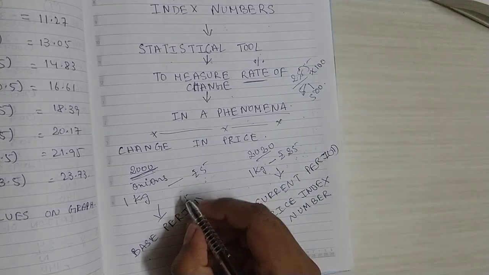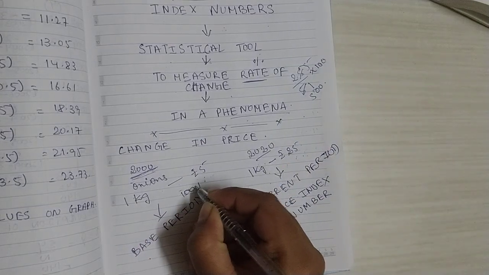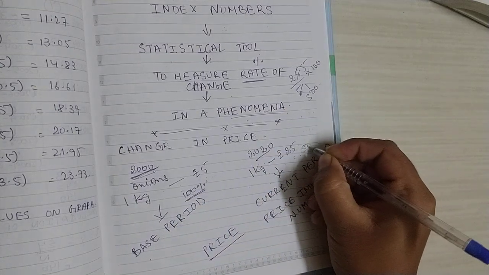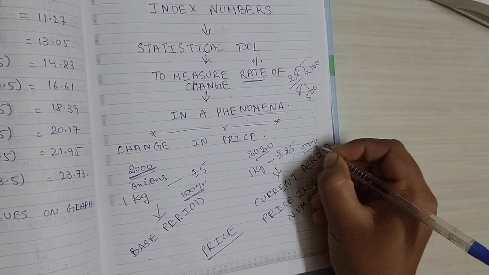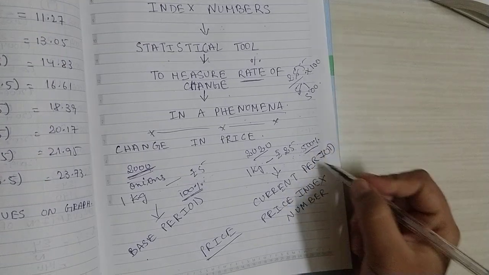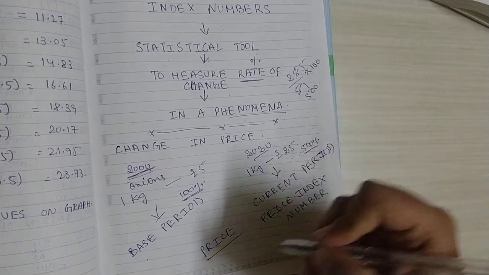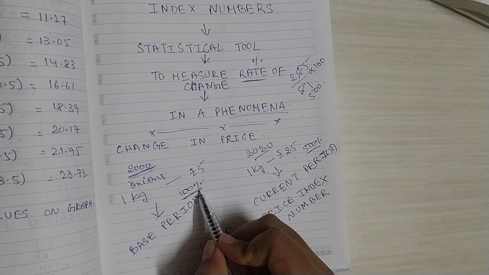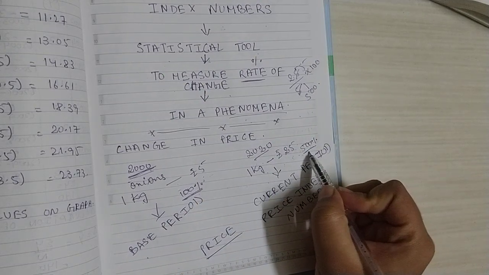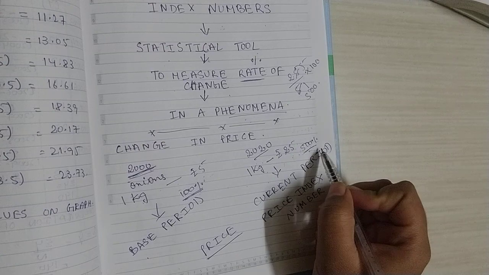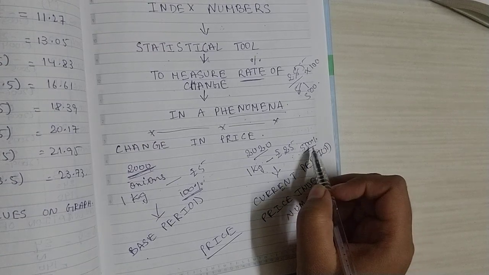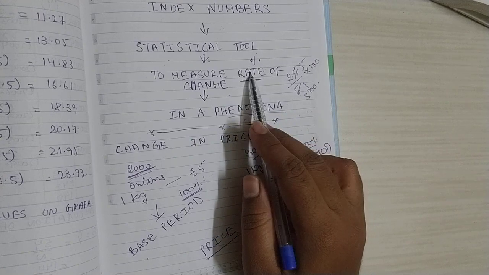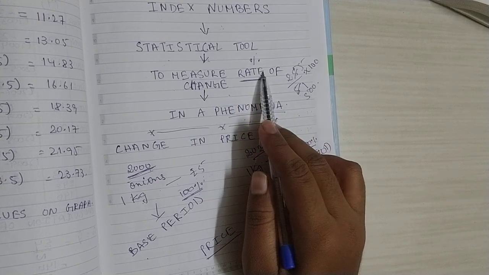If 100% was the rate of onions in the base period, what is the rate of onions now? 500%. That means the rate has increased 5 times what it was in the base period. It was 100 in the base period, and now it has increased to 5 times in the current period. That is the reason we will be measuring in terms of percentages. Index numbers we will be measuring only in terms of percentages.